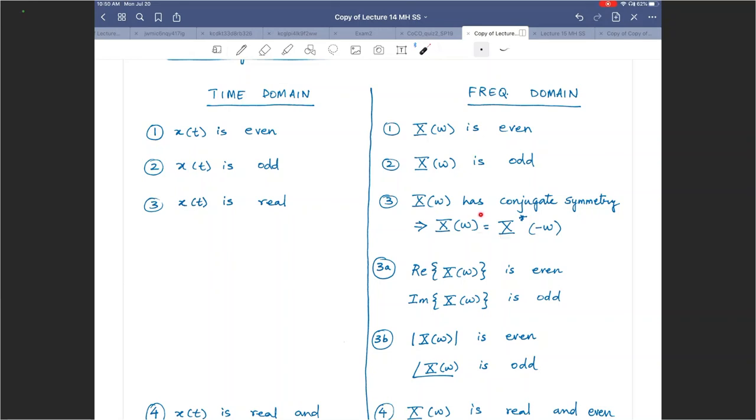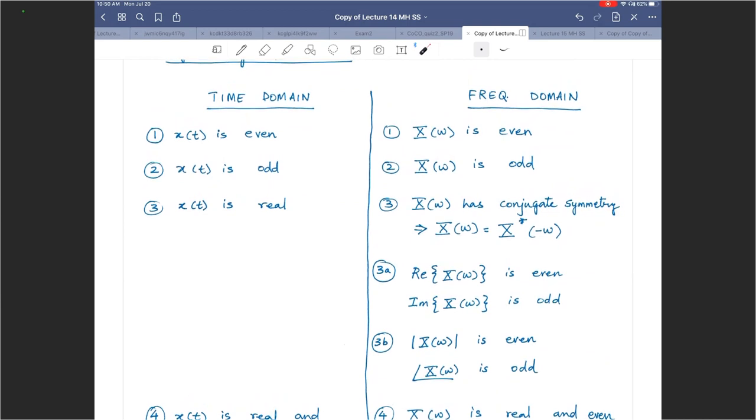Now, this statement 3 can be broken up into two pieces, 3a and 3b. 3a is: real part of the Fourier transform is even, imaginary part of the Fourier transform is odd.